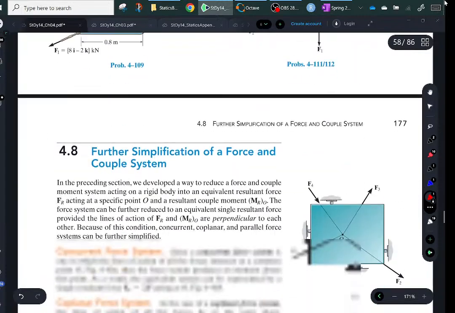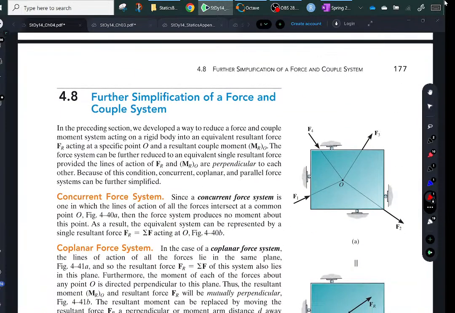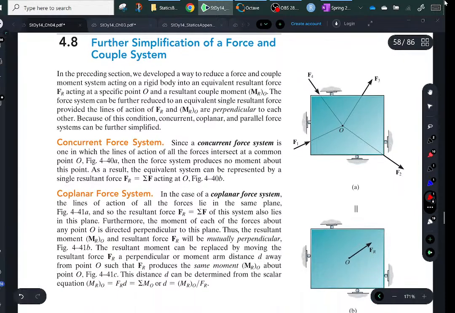Then he goes through a further simplification. And I guess this is the situation where sometimes people recognize this right off and some people don't. If you look at this first one right here, this blue square, it just so happens, it does not always have to happen, but it just so happens that every one of these forces passes through the same point.